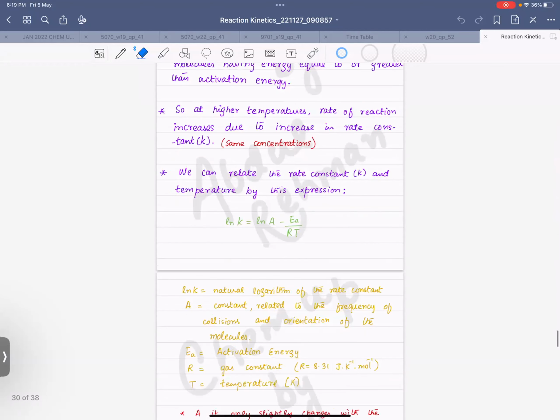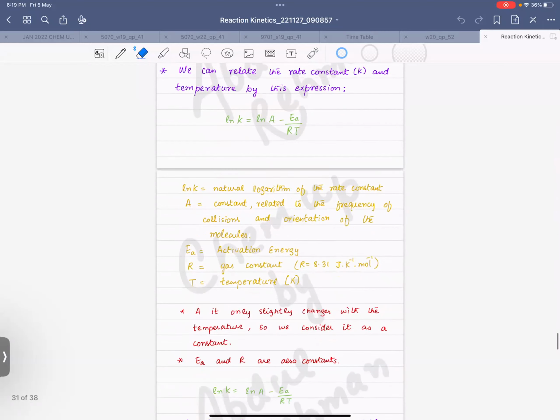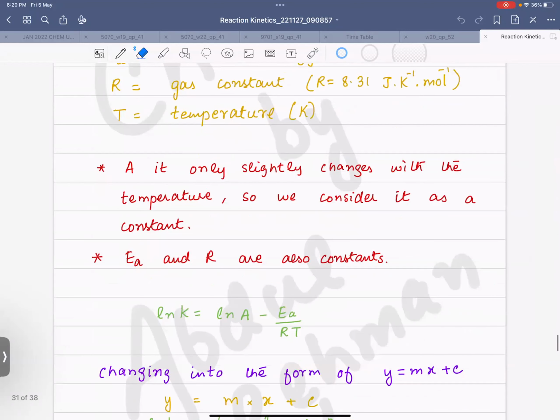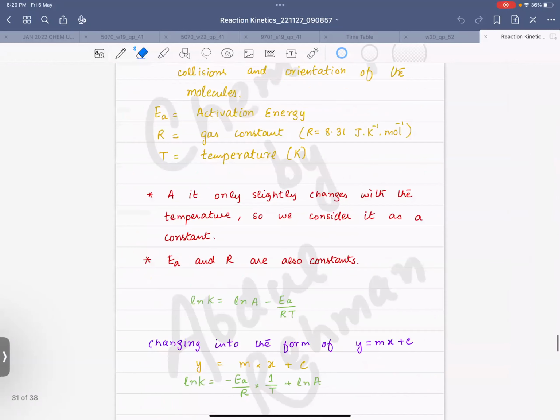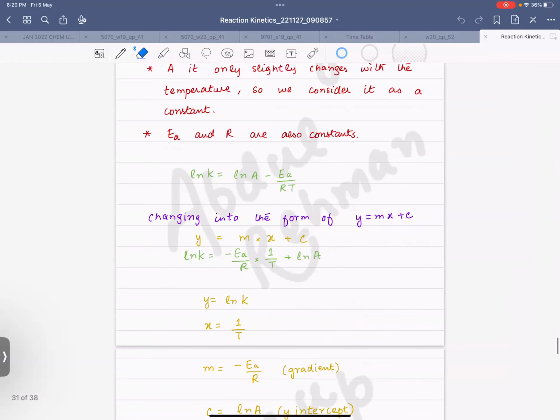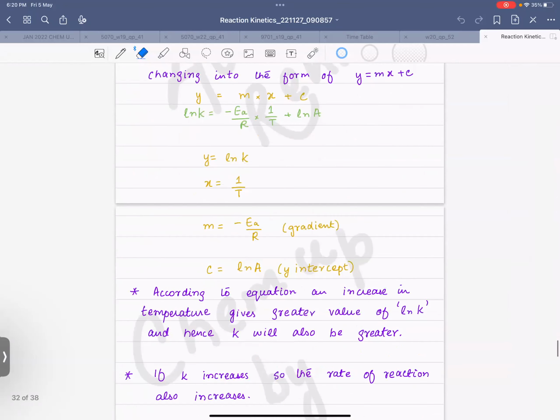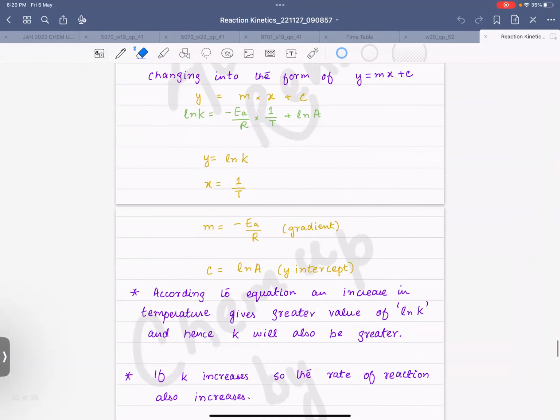Okay, the EA over RT. EA over R is a gradient.